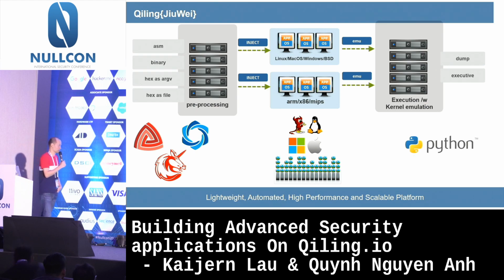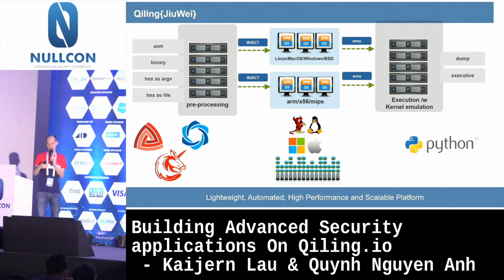So we built our first version of Qiling, and we named it Qiling. And you can see here how Qiling works. As the input, we have the shellcode. The shellcode can be in assembly format. It can be in binary. It can be in hex format. And in case the input is not binary, we use our own assembler framework. In this case, we use the Keystone assembler.